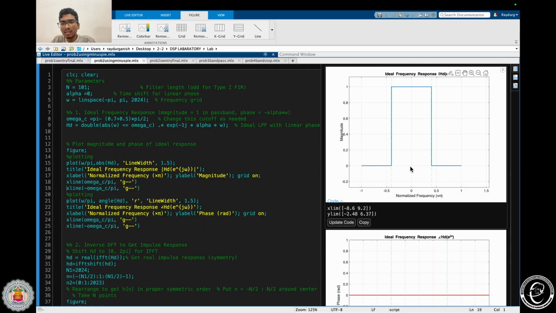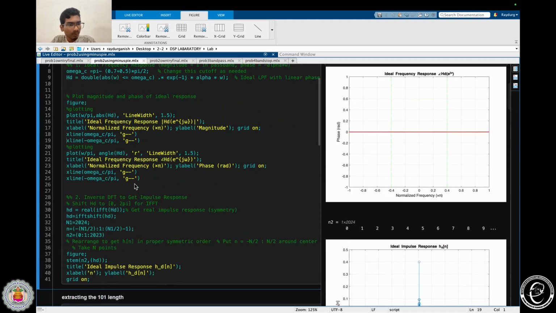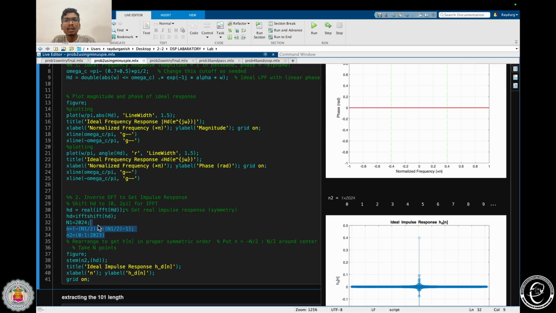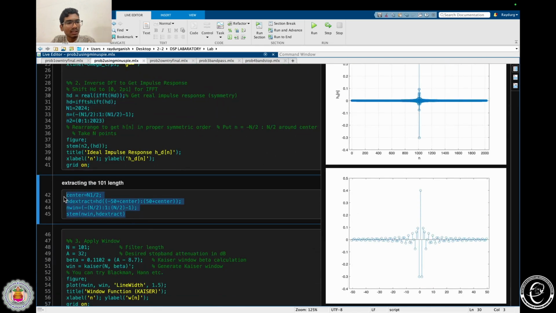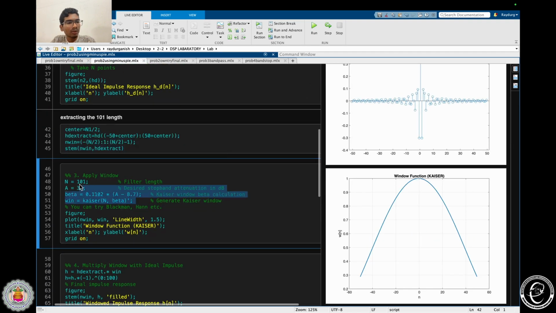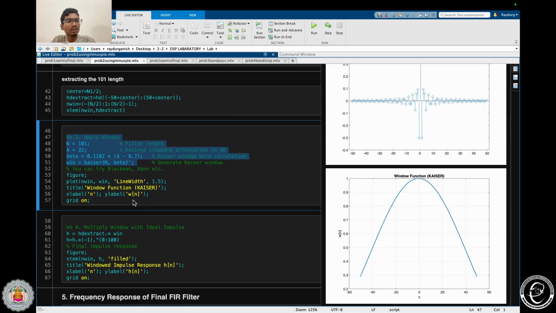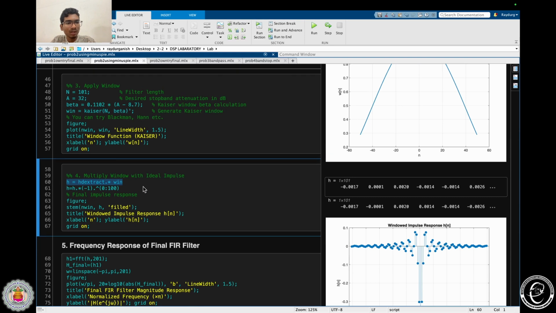So here I have taken the same low pass filter, and then I have calculated the IFFT, and then I have extracted the corresponding length, and I have created the window. Here I have used the Kaiser window, and then I have multiplied with the window.